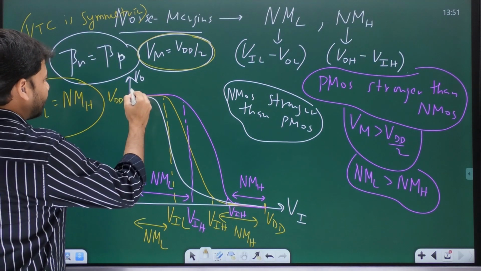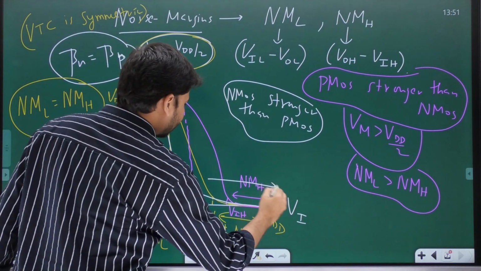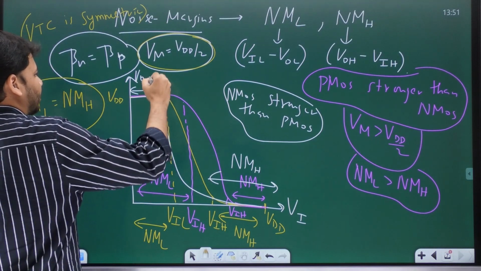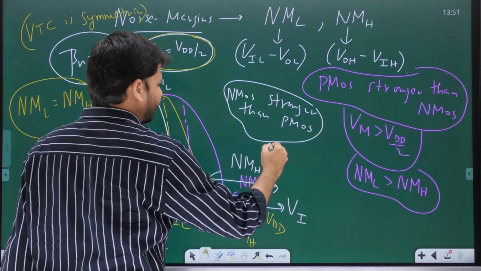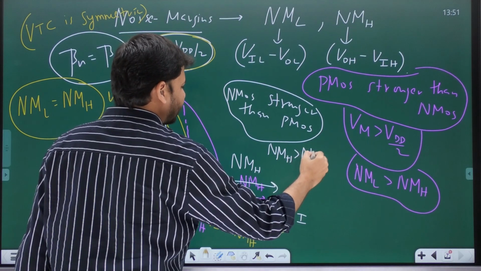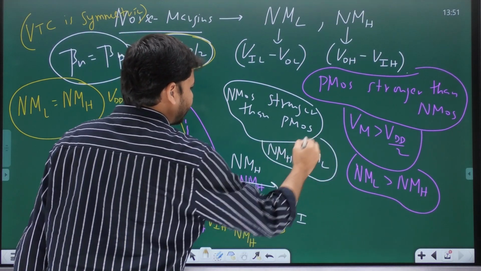Now, this is NML, and this thing is NMH. And clearly, NMH is going to be greater than NML.